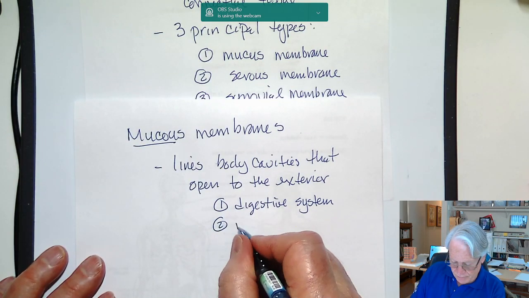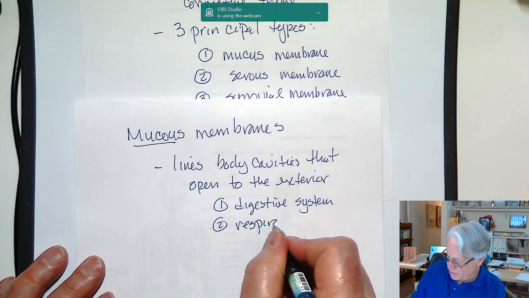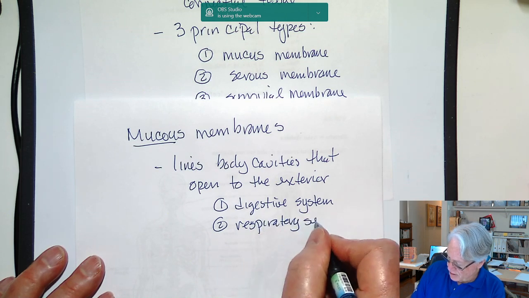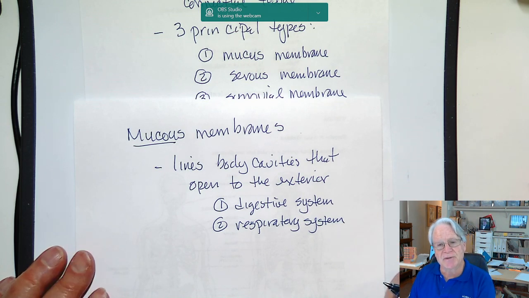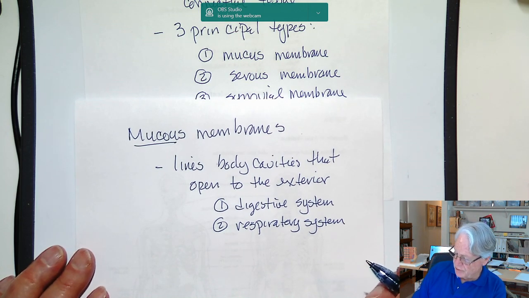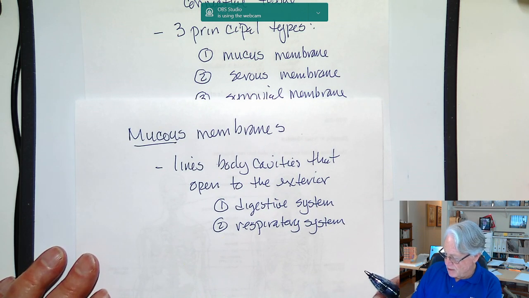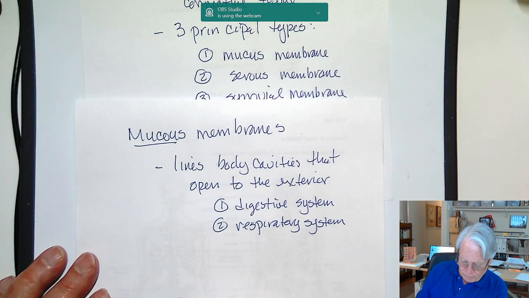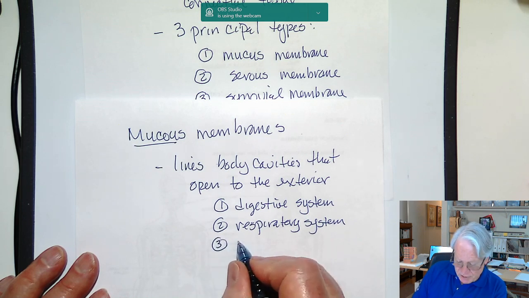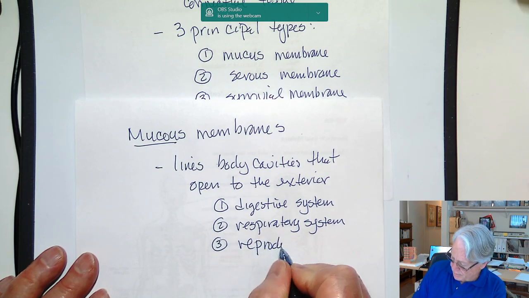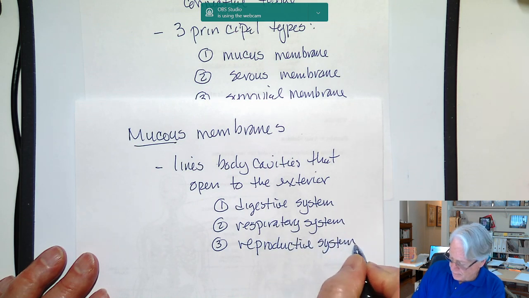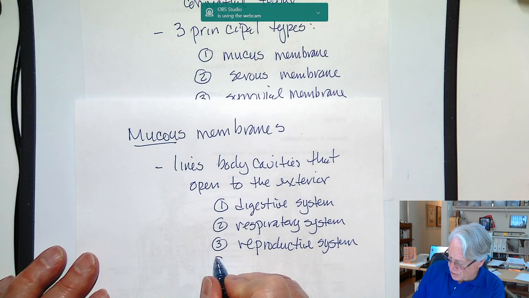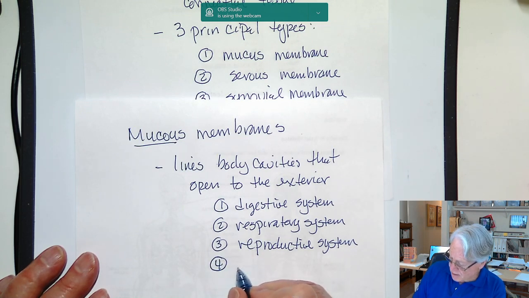Number two, respiratory system, open only at one end, which makes it kind of inefficient. Hopefully your instructor in 40B will talk about that. Number three is reproductive system. And number four, the urinary system.